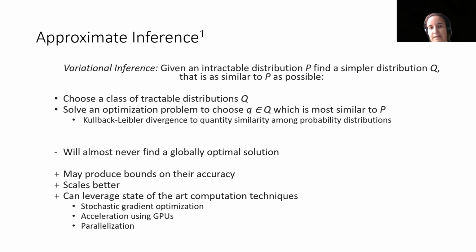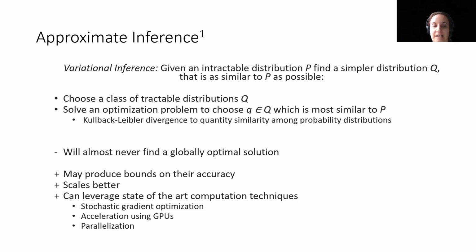And what variational inference does is choose the class of tractable, simpler distributions. As I said, usually it is a multi-dimensional normal, and then solve an optimization problem in order to choose from that class the particular one which is as similar to P as possible. The disadvantage of this is that we almost never find a global optimal solution because we use a simpler distribution, except if it is extremely close to our original distribution, in which case it's going to also be intractable.